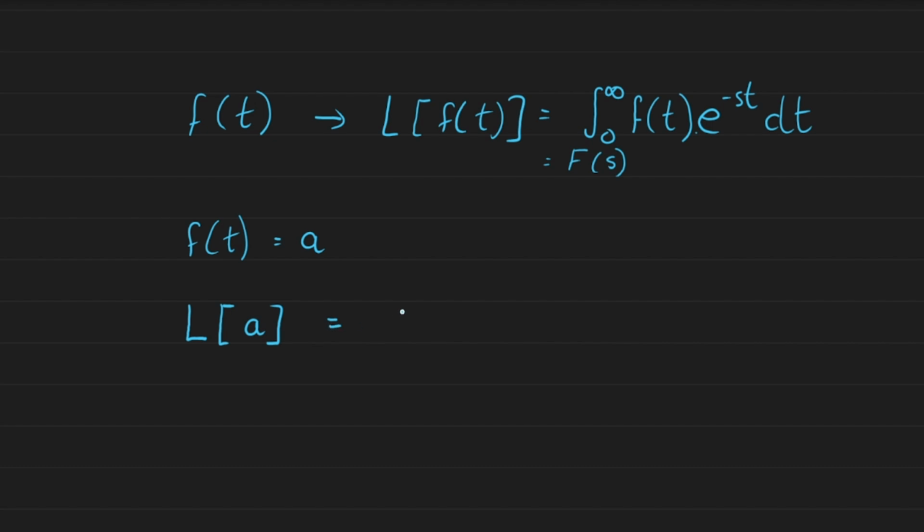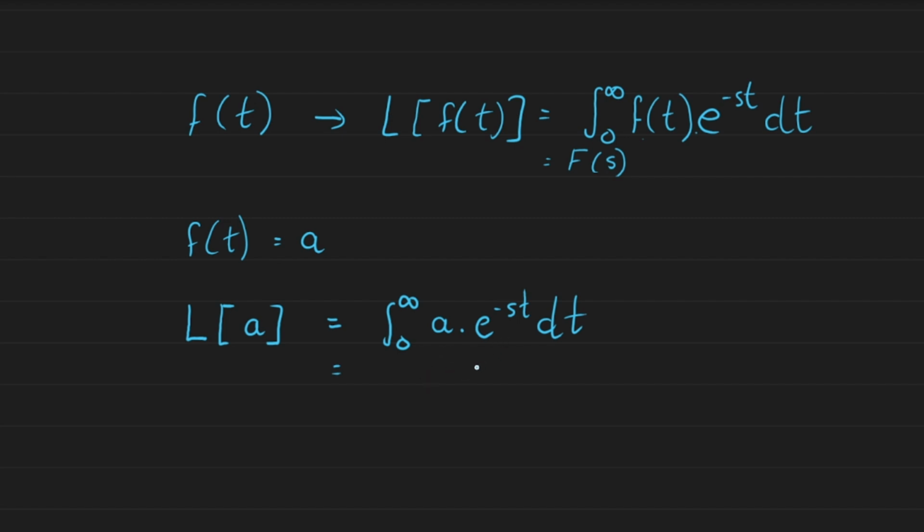This is equal to the integral from 0 to infinity. Remember that this is in terms of t, and our function f of t is just a. We multiply this by e to the power minus st dt, and then we simply integrate.